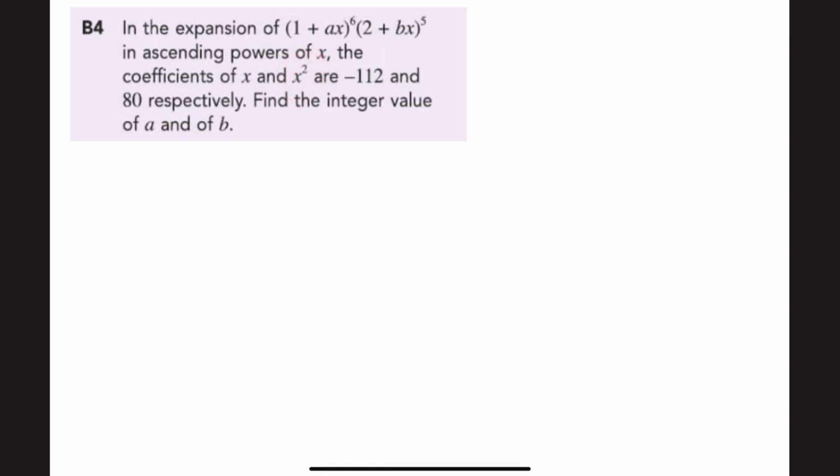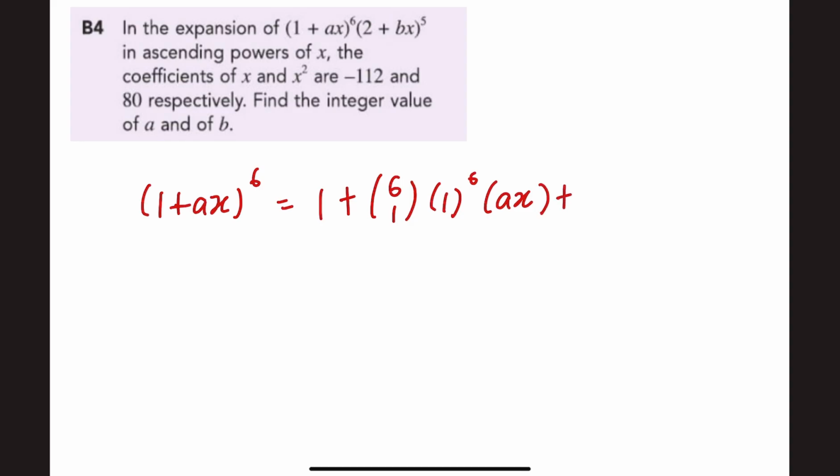Let's start from 1 plus a power x, the whole thing power 6. Okay, this can be written as 1 plus 6 choose 1, 1 power 6 times a power x plus 6 choose 2, 1 power 4 times a power x, the whole thing squared.